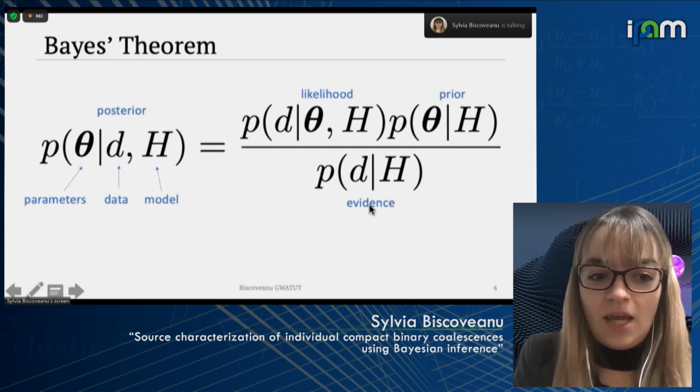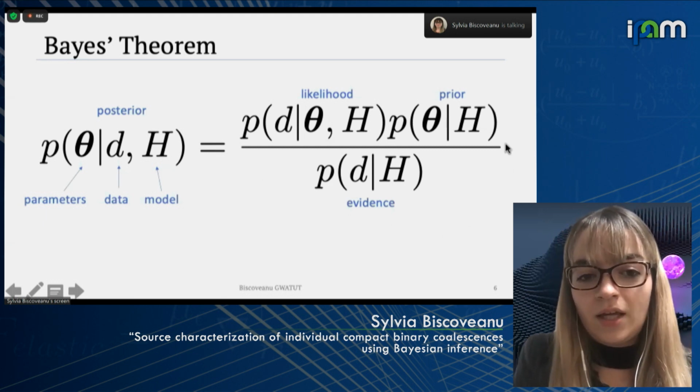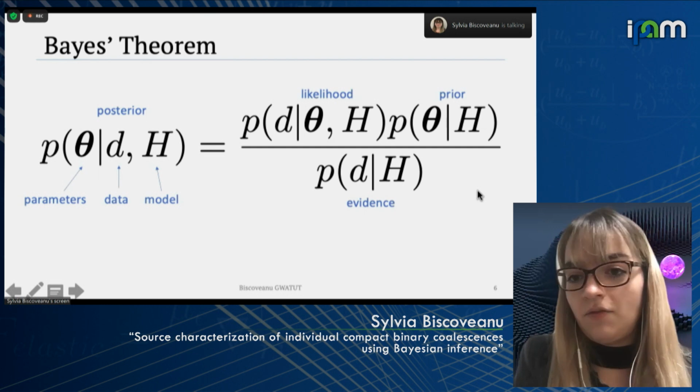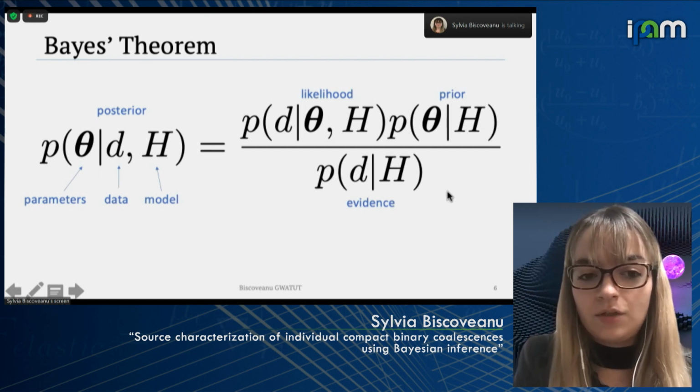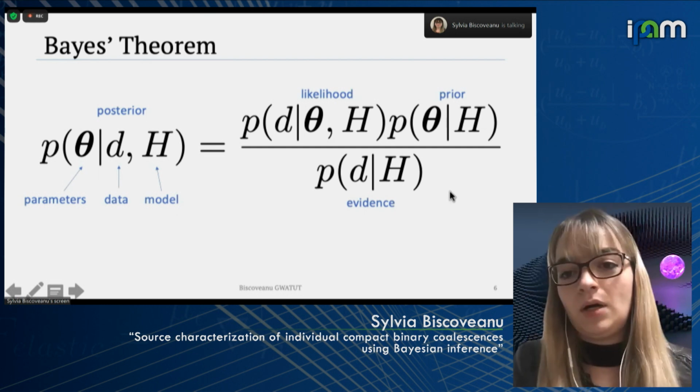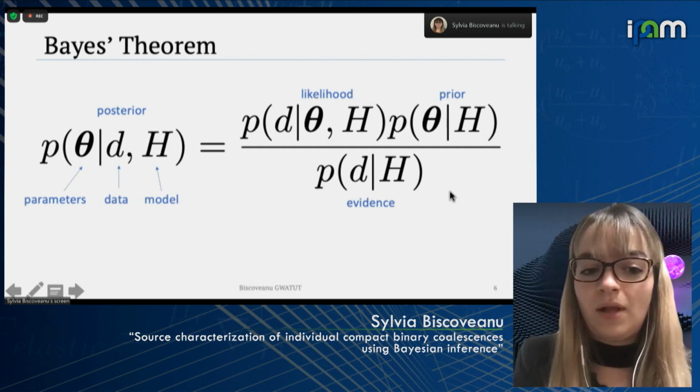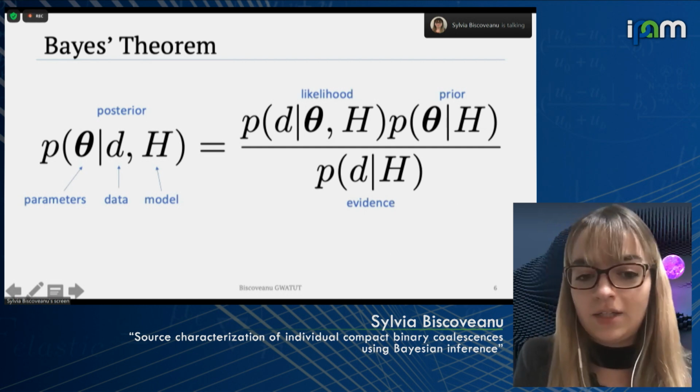And this model H is hanging around on the right-hand side of all of these probability distributions because there's always a model assumed when we apply Bayes' theorem, even if it's not explicitly written.